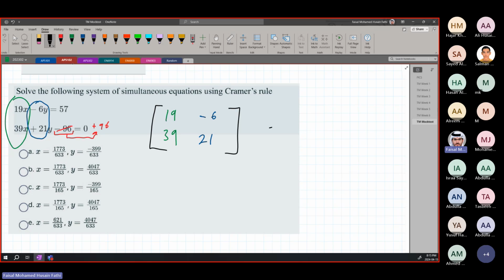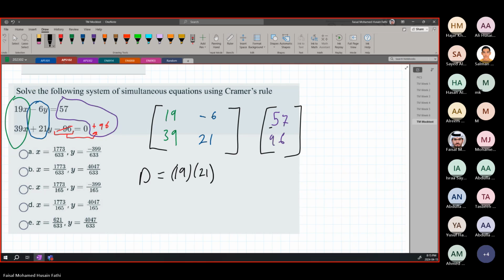So your solution is going to be these two values, which are 57 and 96. The whole idea of Cramer's rule is finding the determinant of your matrix first, which is just D. D of the matrix is 19 times 21 minus 39 times negative 6.